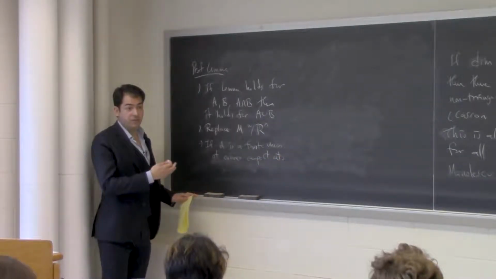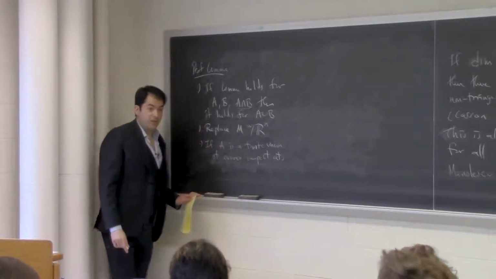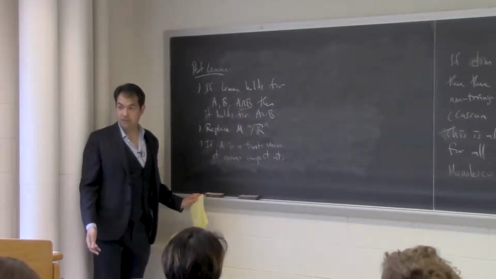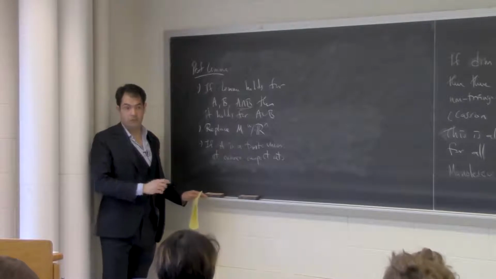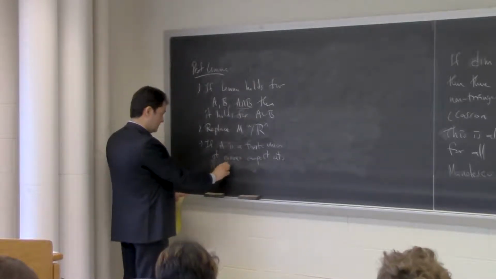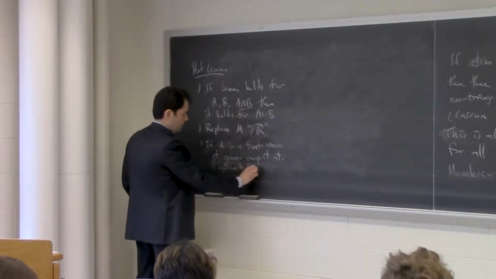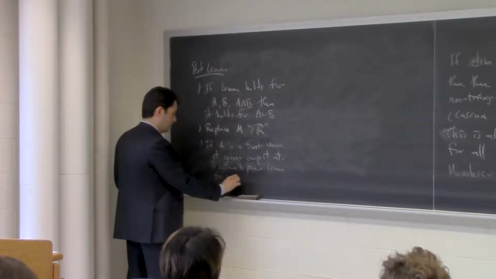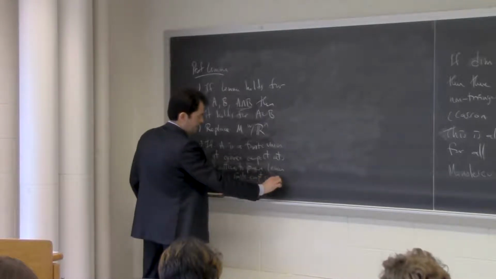Since the intersection of compact convex sets is a compact convex set, it's enough by this to prove it for a single one. It suffices to prove the lemma for a single compact convex set.